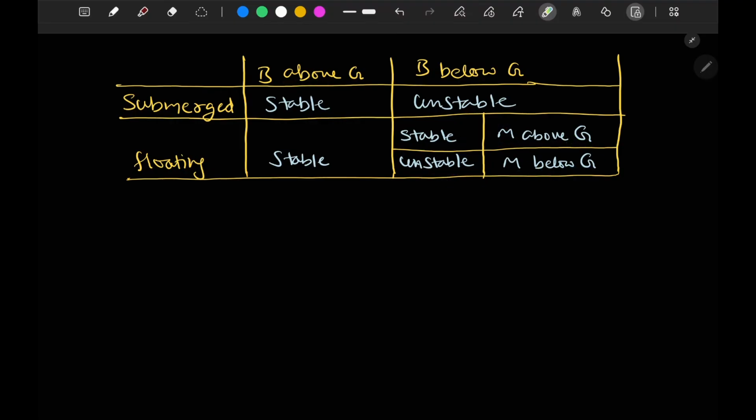Okay, now there is one more topic I would like to discuss here, that is loss of weight due to buoyancy force. So let's consider two conditions.